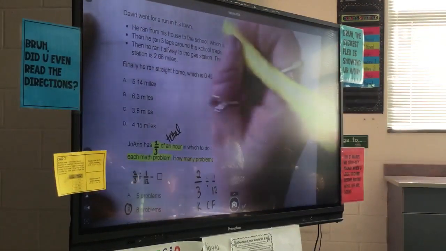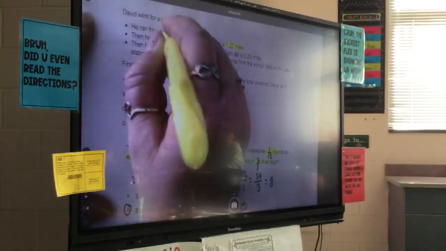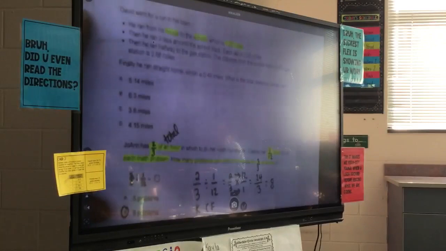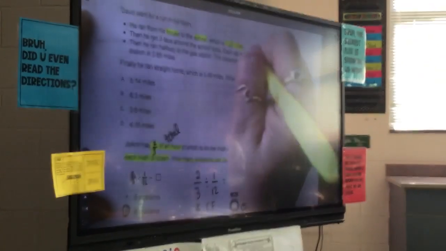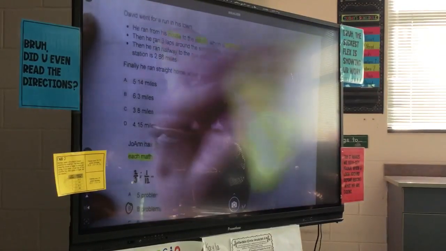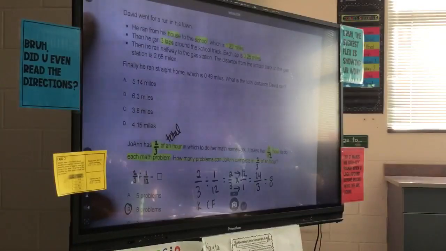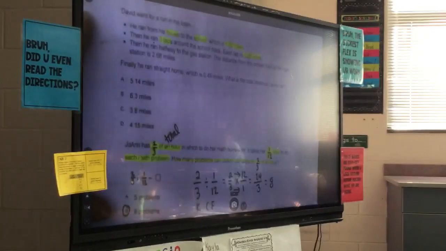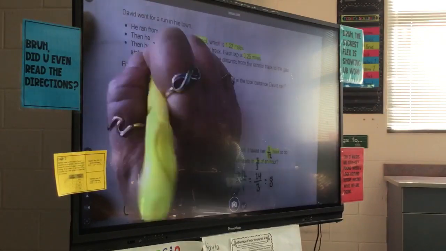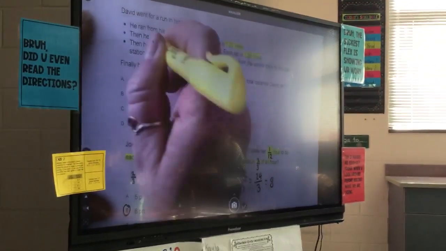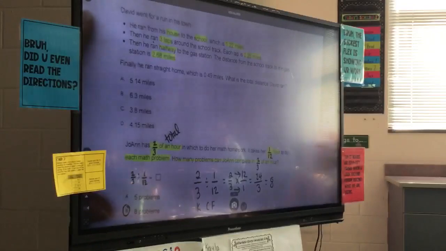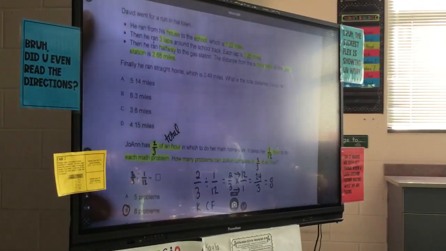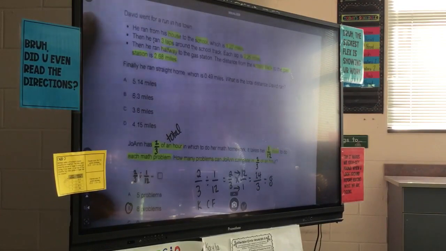Then he ran 3 laps around the track. Each lap is 0.25 of a mile, and he ran 3 of those. Then he ran halfway to the gas station. The distance from the school track to the gas station is 2.26 miles. So this is halfway. That's going to be important.